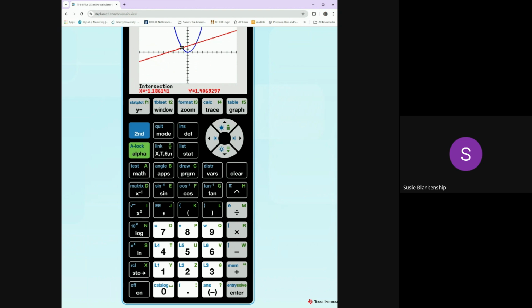At this intersection right here, I have a point of negative 1.186, and then y is 1.40. Now I'm rounding to 3 places every time, so this answer should be 1.406, excuse me, 1.407. Okay.